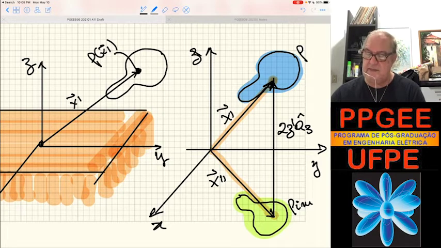You see that the distance of the point to the plane z equals 0 equals z prime. So this vector here is 2z prime.